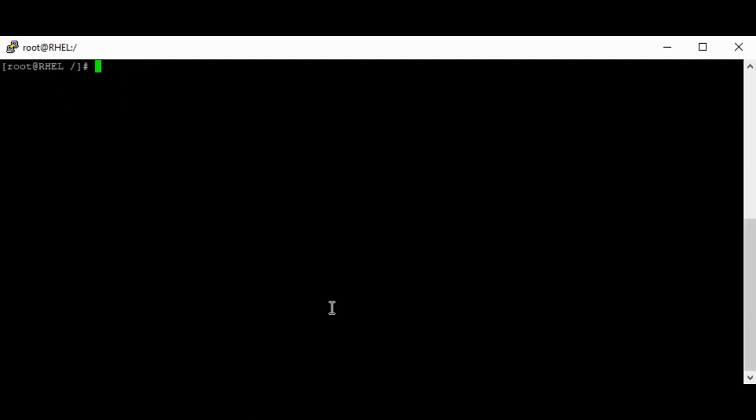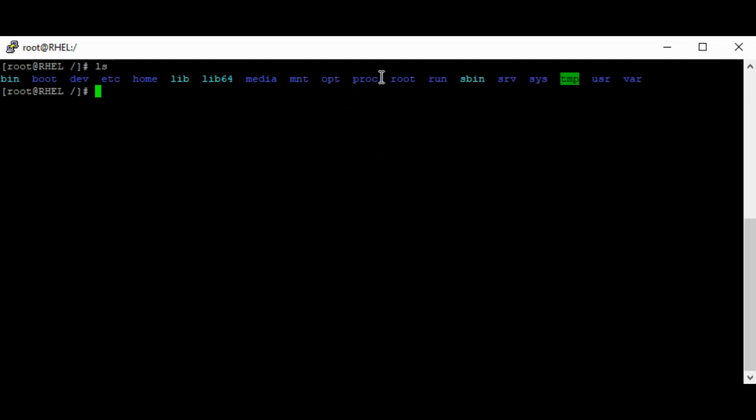So the next directory to check out is the root directory. So this is the root user's home directory. Every file and directory starts from this directory. Though this directory is the root home directory, it doesn't live in the slash home directory.